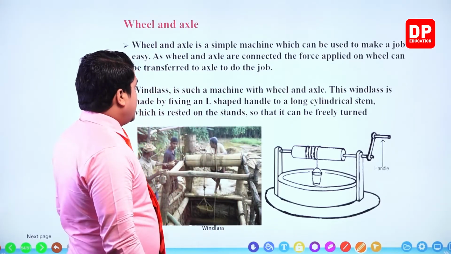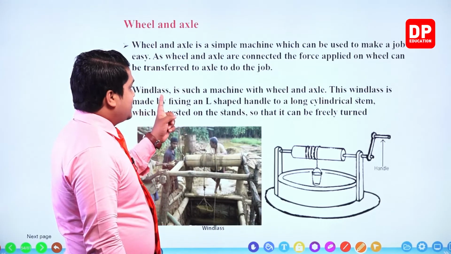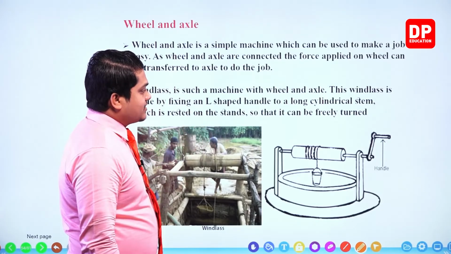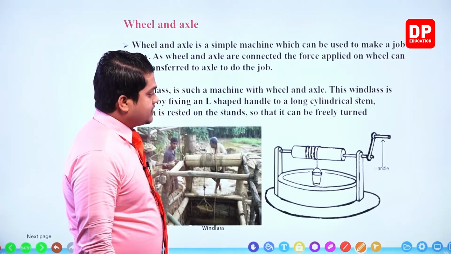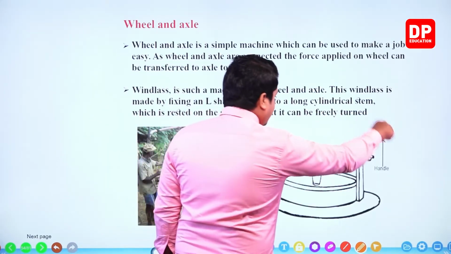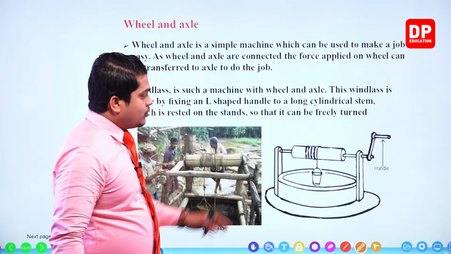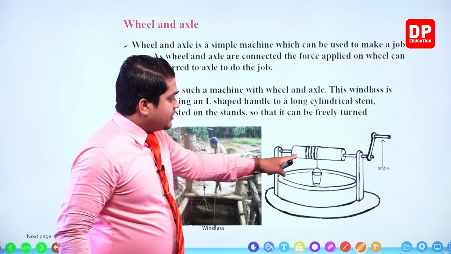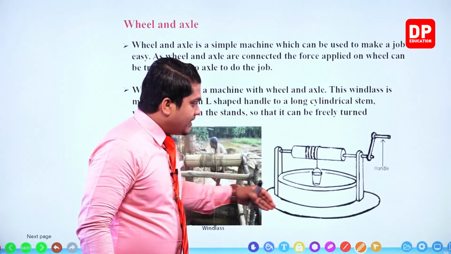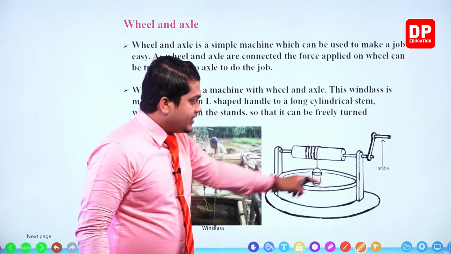So, windlass is such a machine with wheel and axle. So this is the windlass, right? You wind it like this by using the handle. When winding it, you know that there is a rope, and the rope is wrapping around the stem.